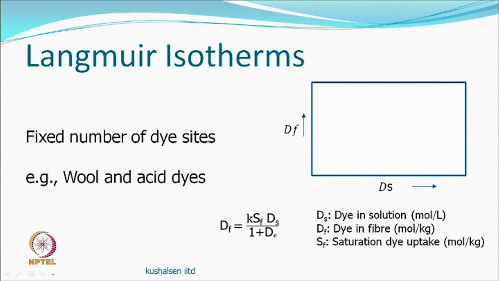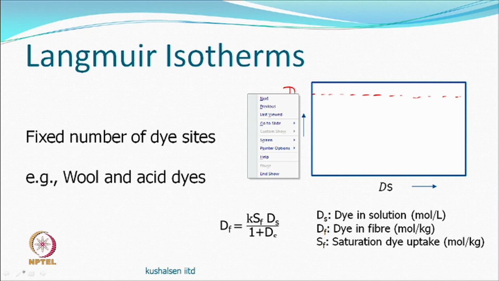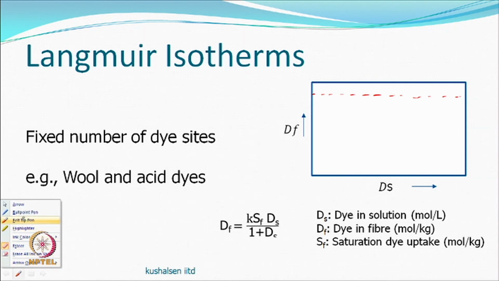This is what this particular isotherm believes. This is the postulate. So, let us say you have a saturation point, which we have called here S, the saturation on the fiber.